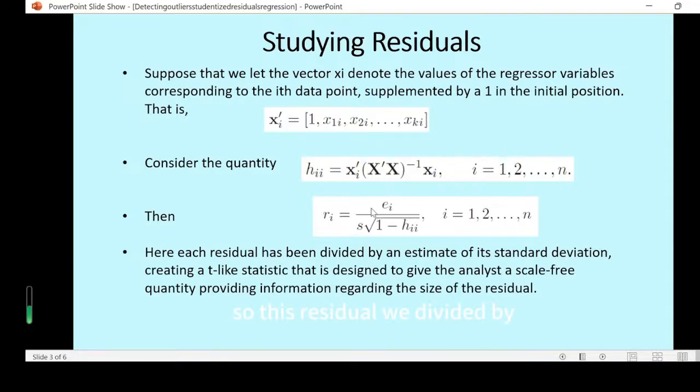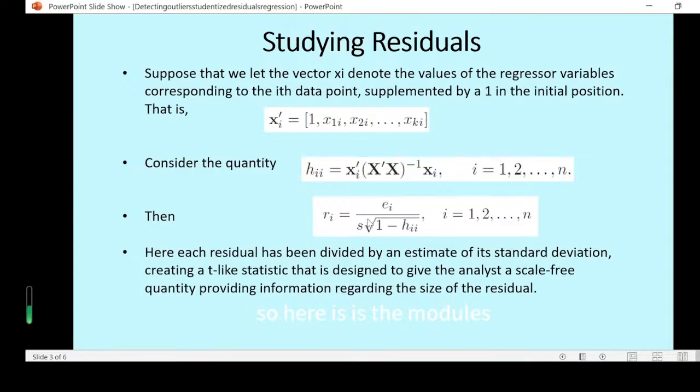So this residual we divide by the square root of the variance of this residual. So this part is a standardized residual, right?